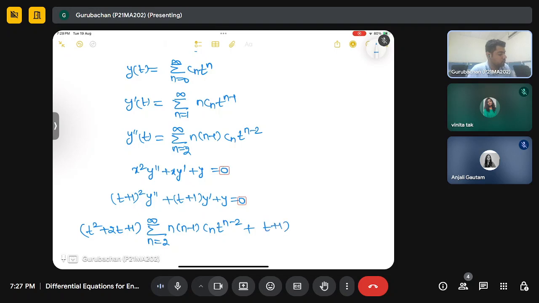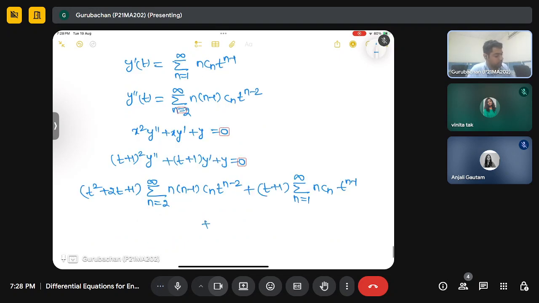Plus (t plus 1) times summation n=1 to infinity n c_n t to the power n minus 1 plus summation n=0 to infinity c_n t to the power n equal to 0.